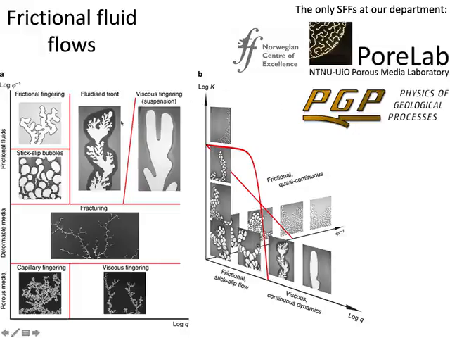Here's another example of a phase diagram, but this is a phase diagram of dynamic pattern formation. So it's an even more complex set of behaviors.